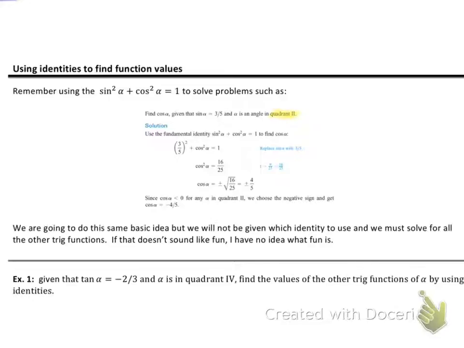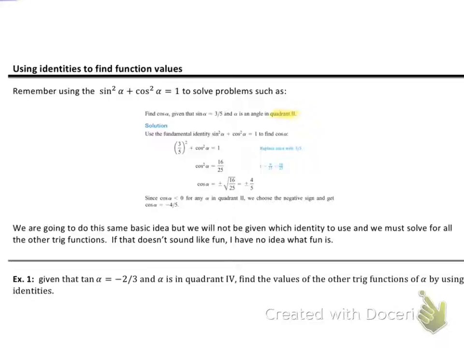why do these questions specifically tell you what quadrant it's in? Why is that a big deal to know what quadrant you're in? Well, we need to know if our answer is going to be positive or negative.